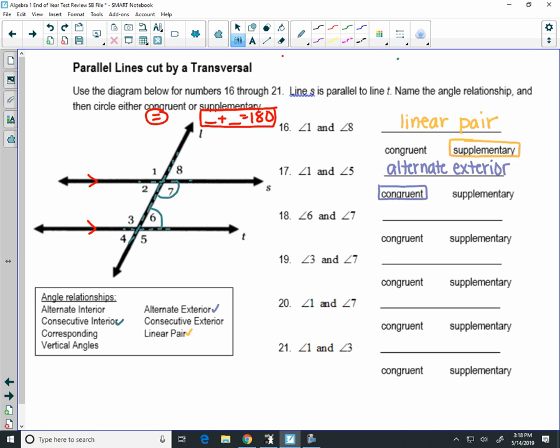So these are consecutive interior angles. We've also seen that called same side interior. Consecutive interior angles are not necessarily equal, but they are always supplementary. Those two are going to add to 180.